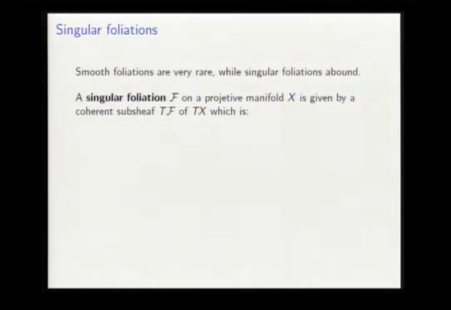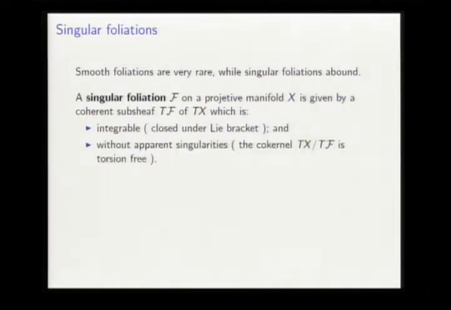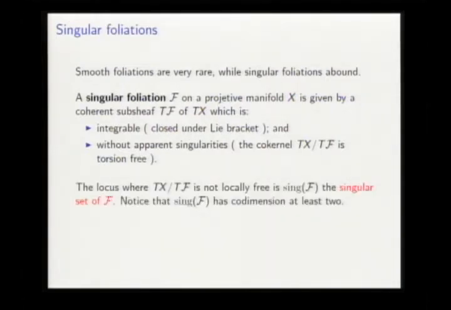We no longer look at a subbundle, but we look at a subsheaf, a coherent subsheaf, meaning that I have a sheaf such that the dimension of the fiber is generically constant, but it can change at some special loci, which is still integrable, closed under Lie bracket, and without apparent singularities. This is just a technical condition that I feel obliged to put here, but you don't have to worry about it.